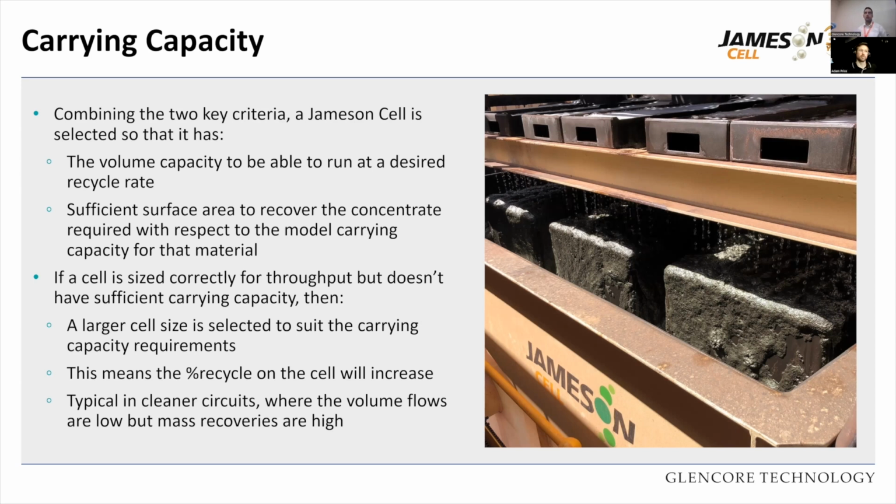If we have a very low mass pull scenario and the carrying capacity or surface area requirements are very large, this is where we can look at things like froth crowders and lip extenders to try and reduce the surface area and lip area. And as I mentioned previously, if we have very high mass pull, low feed scenarios, this is where we can look into things like smaller lenses.